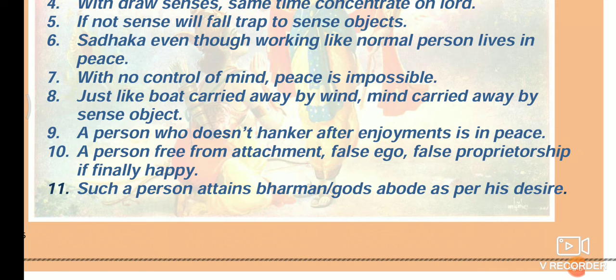Then he has to be free from false ego, the identity which he has acquired, that I am so and so, a supervisor, an MD, a boss of a company, an HOD, a DM, CM, or a government official. These are all kinds of false ego: a professor, a PhD holder, a good dancer, a good actor, a beautiful person. These are all identities with which we have identified ourselves.